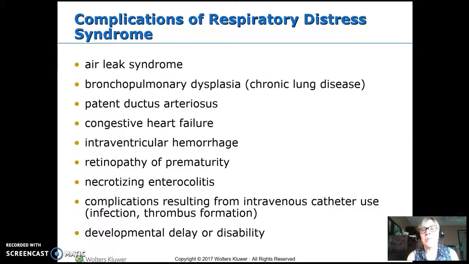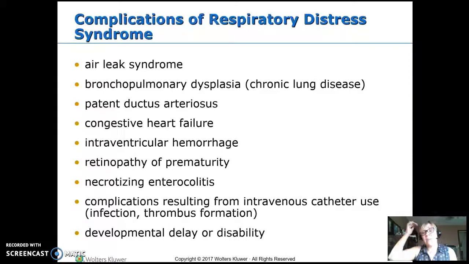If you don't change the pressures, that right side stays high because pushing blood into the lungs is hard because things didn't open the way they should. There's a big risk for that ductus arteriosus staying open. Congestive heart failure: again, we didn't change the pressures, and so you can get heart failure.